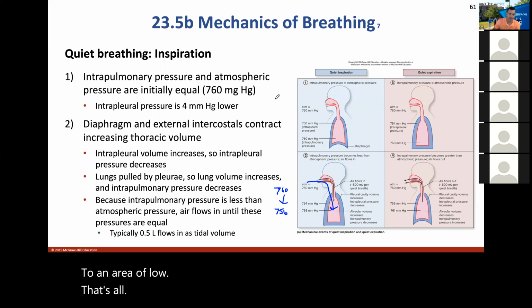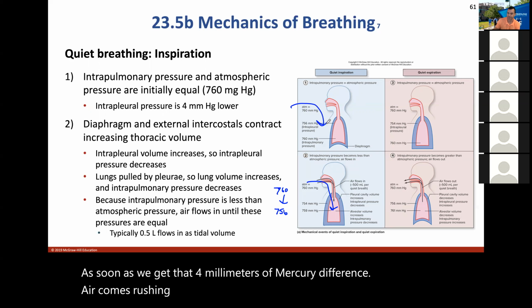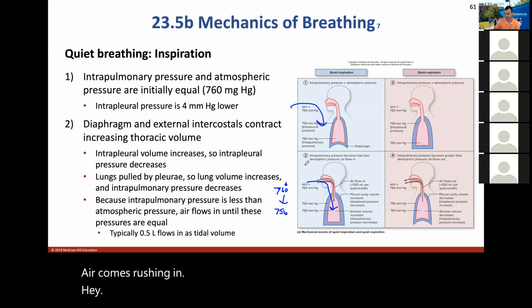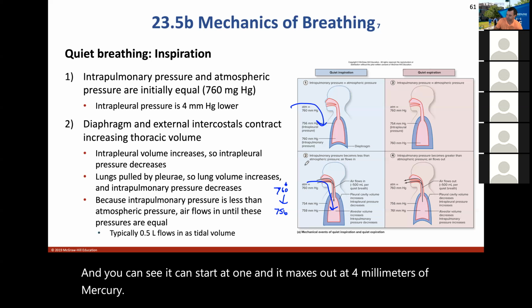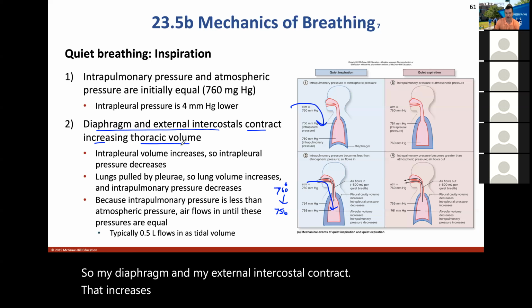As soon as we get that 4 millimeters of mercury difference, air comes rushing in. Okay? And you can see it can start at 1 and it maxes out at 4 millimeters of mercury. So my diaphragm and my external intercostals contract. That increases the volume of my thoracic cavity.